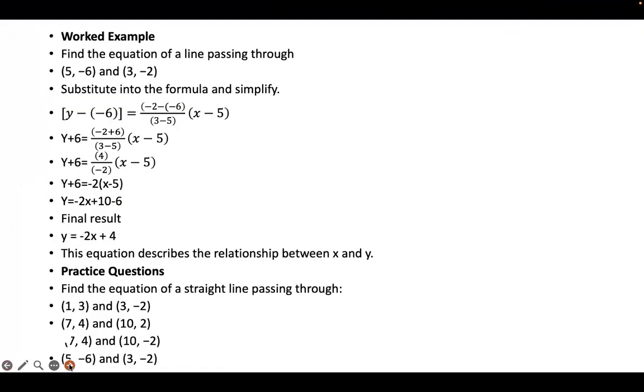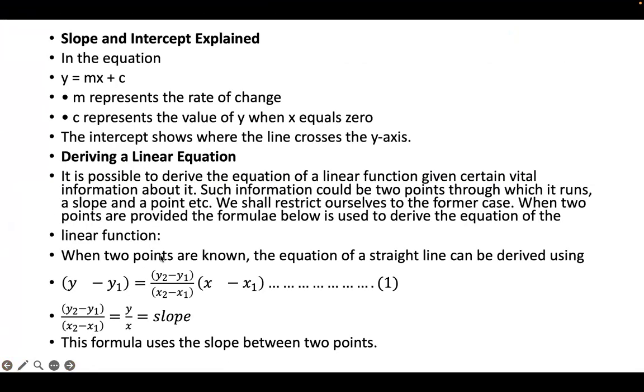So now the coordinates are 1, 3 and 3, negative 2. Let's put them in the formula. So y minus 3 is equal to the slope times x minus 1.